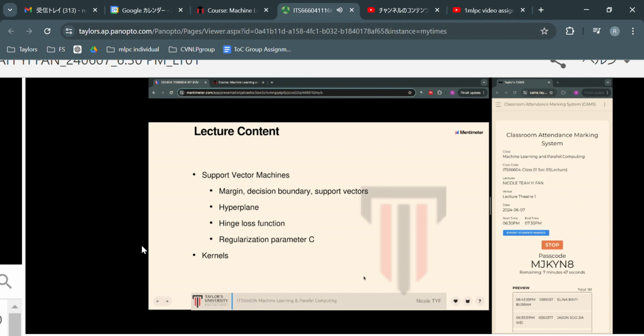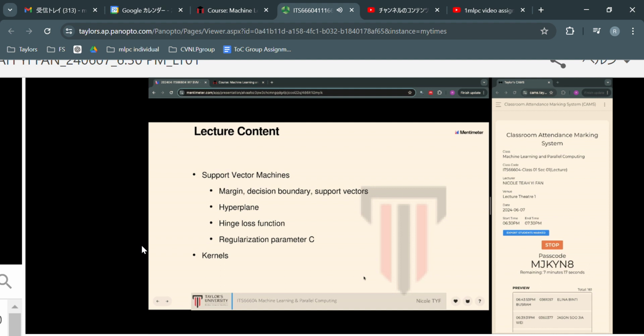The hinge loss function is the cost function of support vector machines that helps them adjust their weights. Then we'll discuss the regularization parameter C, which helps regularize support vector machines and remove the outlier sensitivity of SVM.